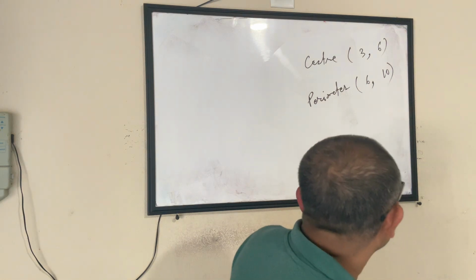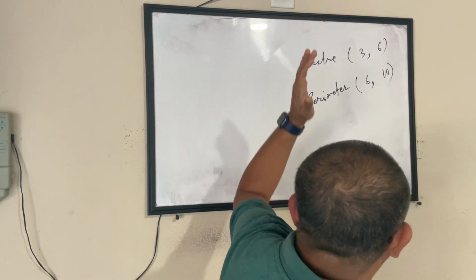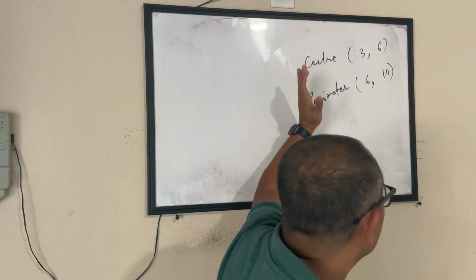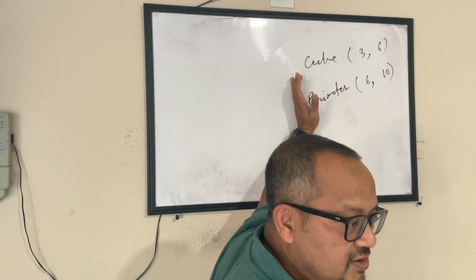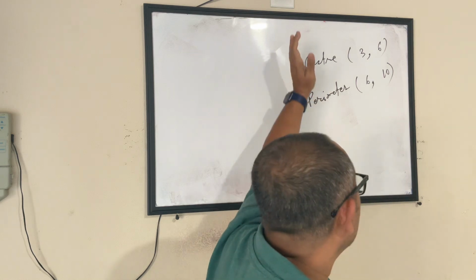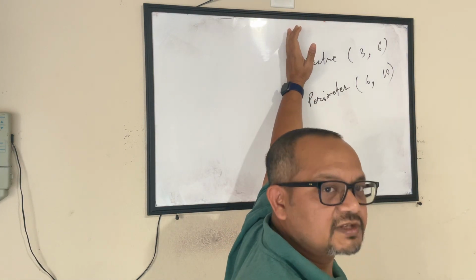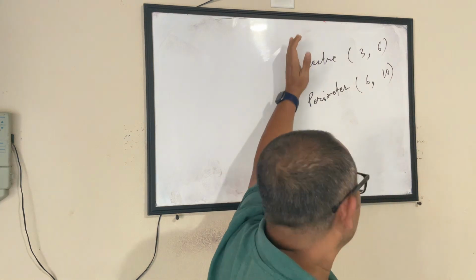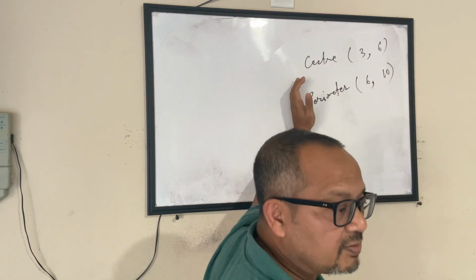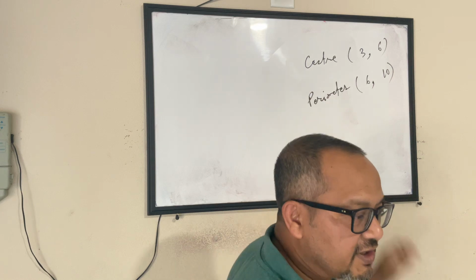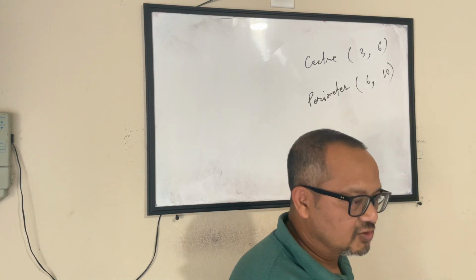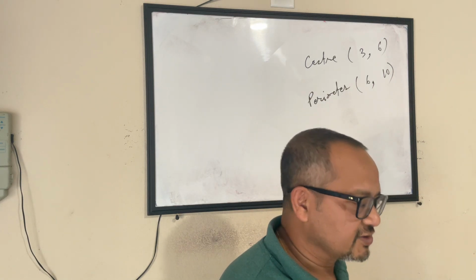Now I have not given you anything. I just told you this is the center and this is one point on the perimeter of the circle. These are the coordinates of the center of the circle, and these are the coordinates of one of the points on the perimeter. Find out the radius of the circle. Who all can try solving it?